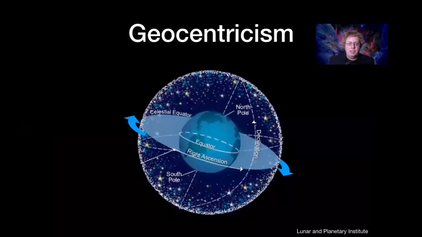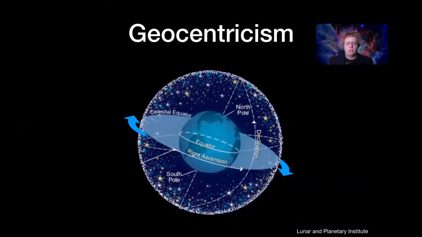So the fact that the stars and the moon and the sun all seem to travel in circles around us gave rise to the idea many millennia ago that the earth was the center of the universe. Everything that we could see appeared to move around us. This is called the geocentric theory, this geocentric frame of reference.